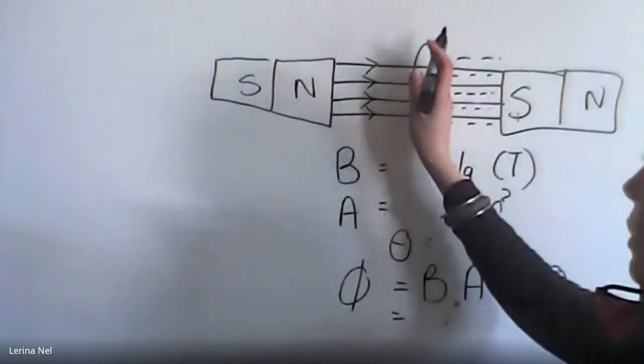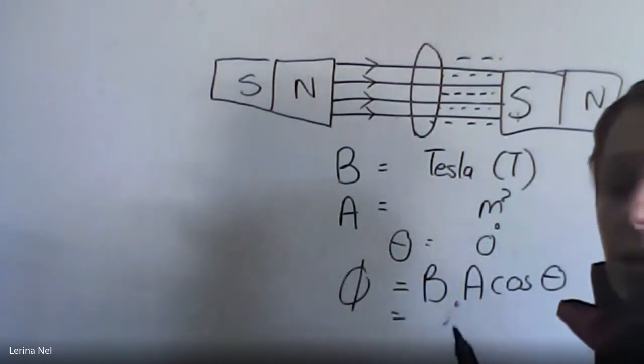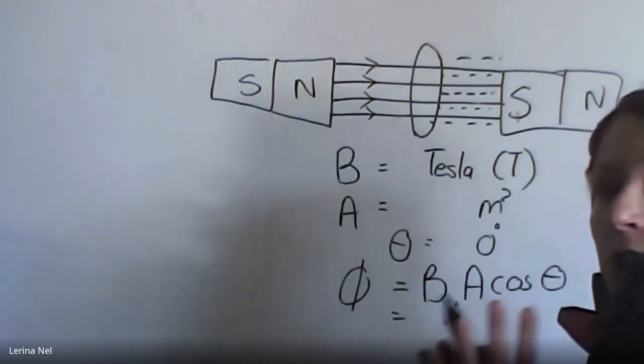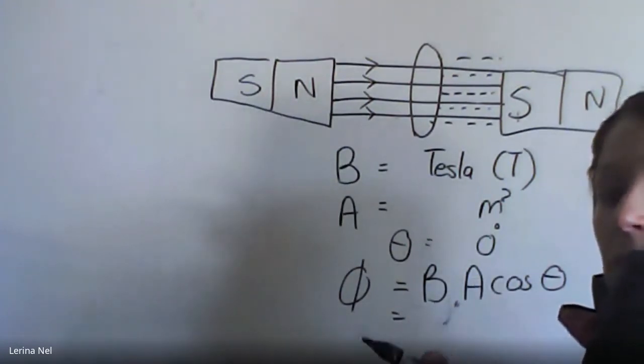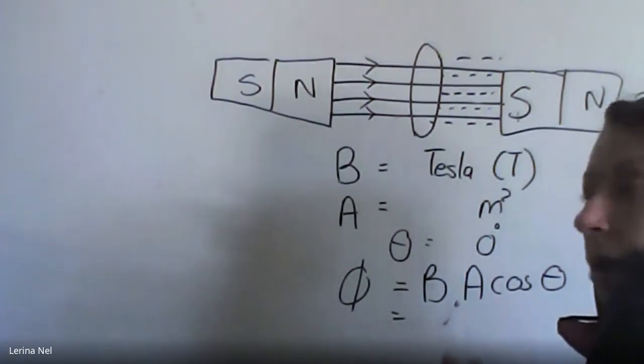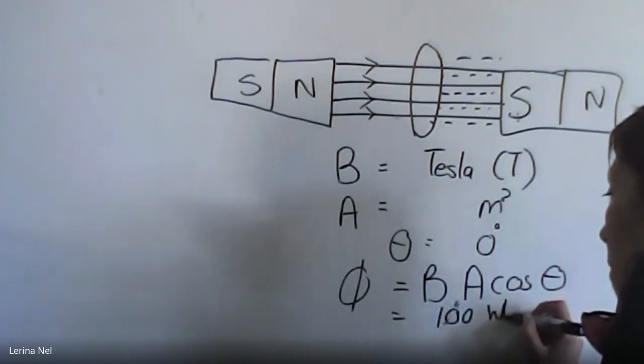So when the coil is upright like this, cos 0 gives me 1. That's actually the largest value it can have. Cos 0 equals 1, so we know the magnetic flux is at a maximum. I'm going to make up a value and say this answer was 100 Weber.